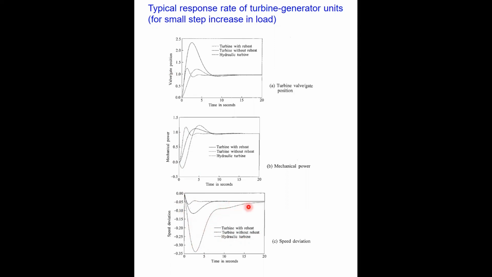So this is how the valve or the gate, the output power, or the speed deviation for the different types of turbine behaves whenever you have a step load change.